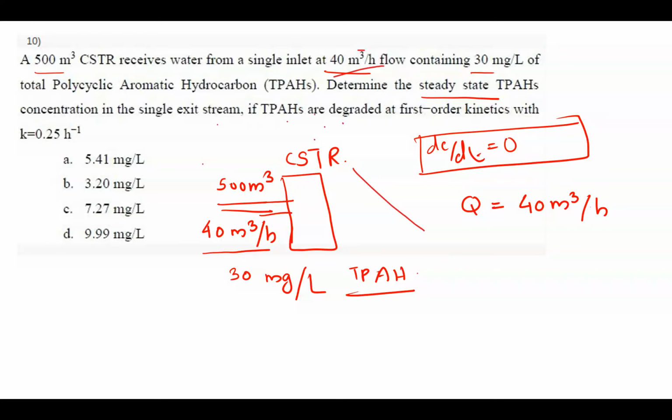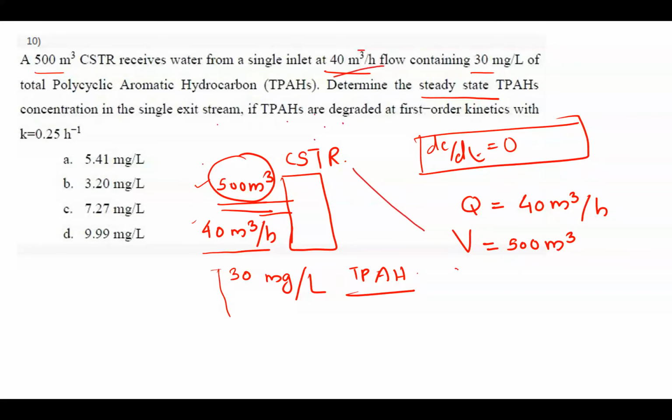Then we also have this value 500 meter cube, that is the volume. So V is equal to 500 meter cube. Then what else have they given?